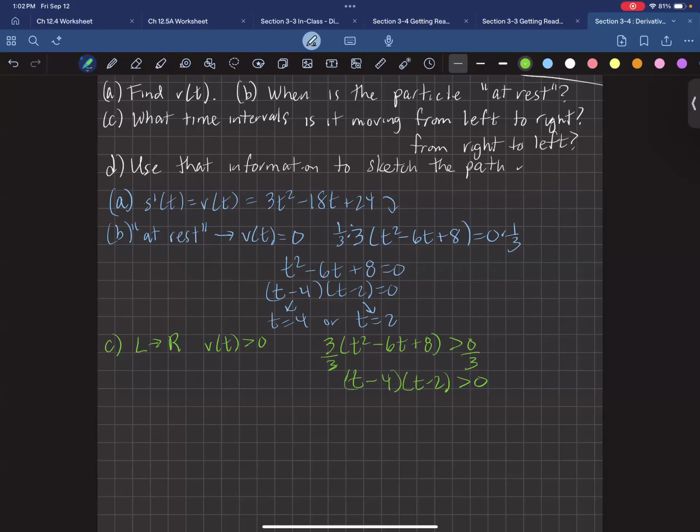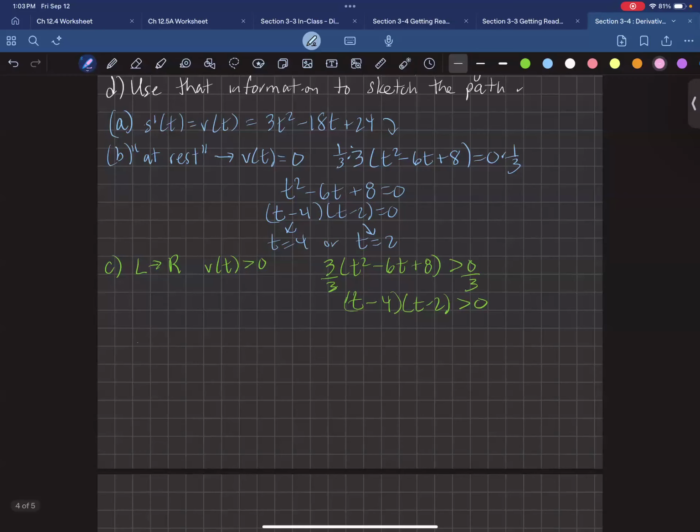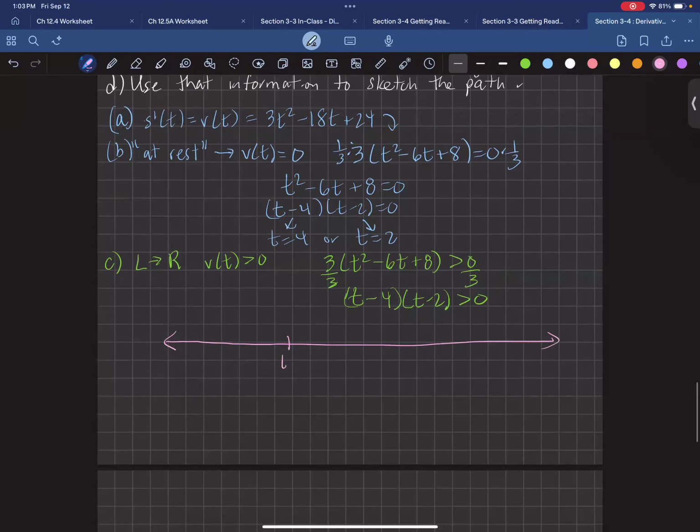I don't know if we've done this in class yet in pre-calculus or not. This is how you do something like this. We're going to make a little number line. I'm going to put t equals 0 here. And then we got 1, then 2, then 3, then 4. These are when it's at rest, v equals 0 here.